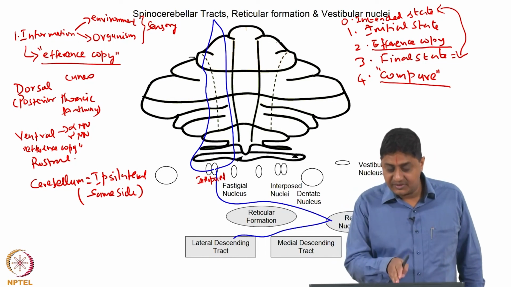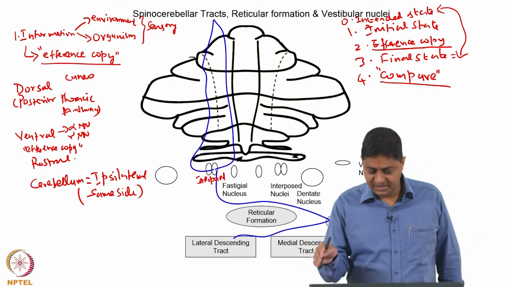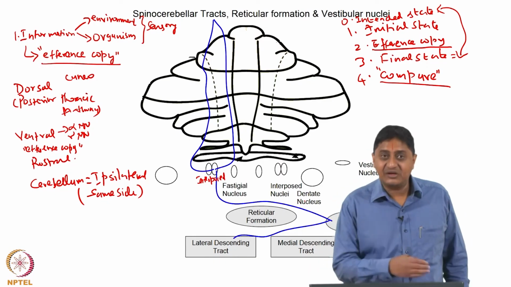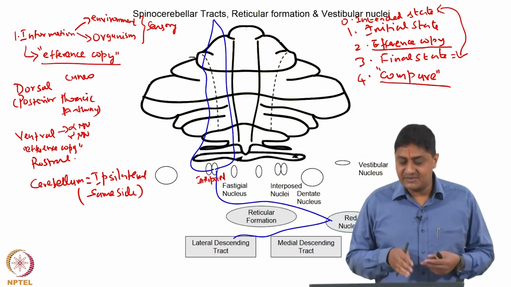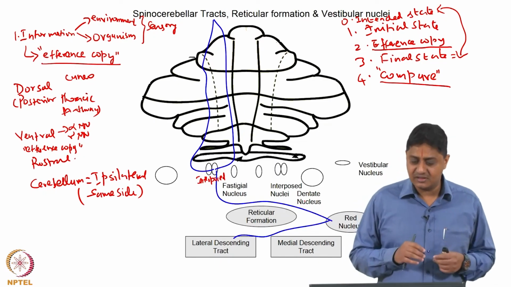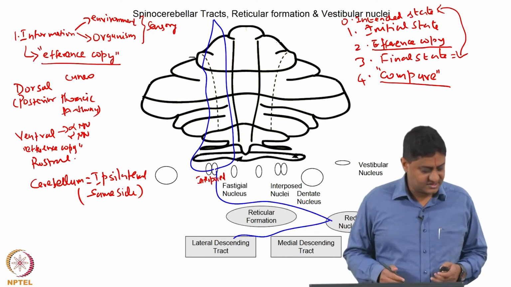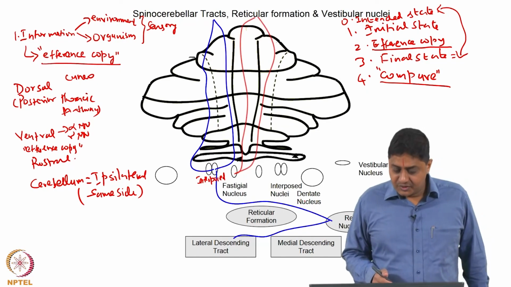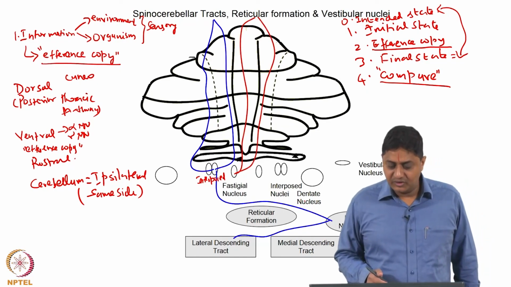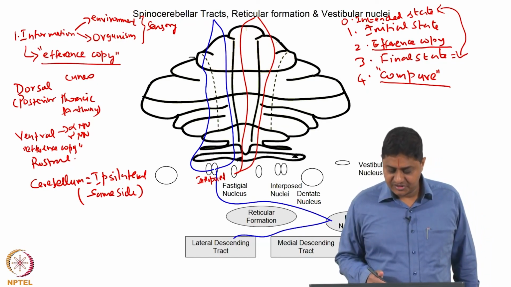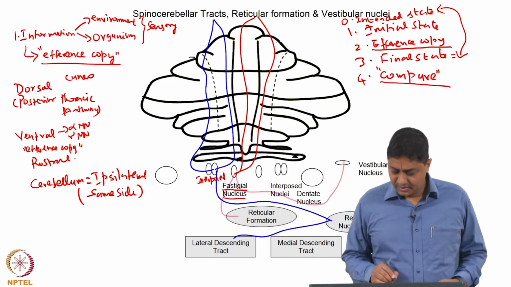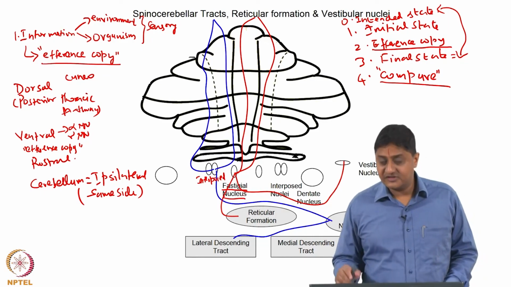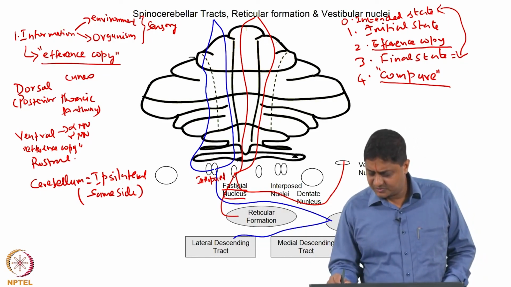Once it crosses from the left side to the right side, and then from the right side back to the left side. So there is a double crossover, ensuring that the same side of the body is still being controlled or modulated by the cerebellum, right. Also, through the reticular formation, there are inputs through the fastigial nucleus, right, and to the vestibular nucleus and the vestibulospinal tract.